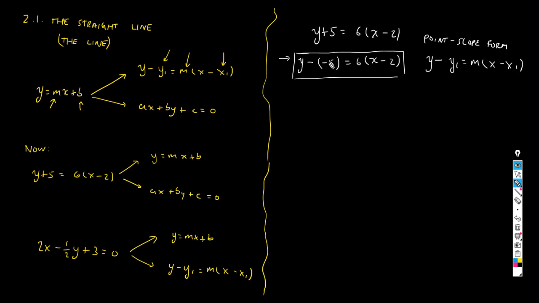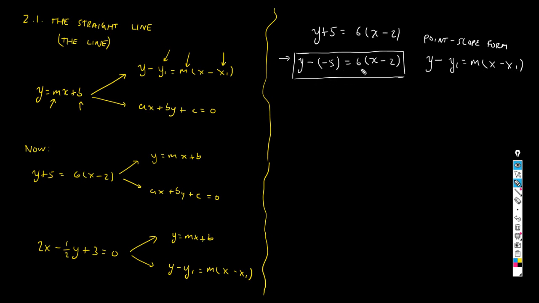Y minus some constant, the constant can be negative, no problem about that, equals some constant which represents the slope, times this binomial which has the form x minus something. So this is exactly the point slope form.